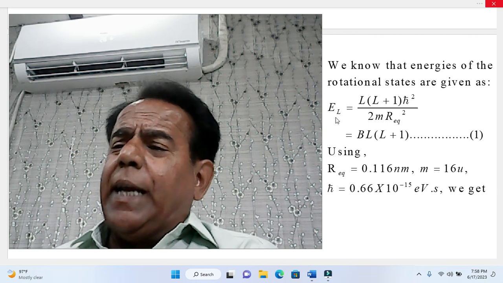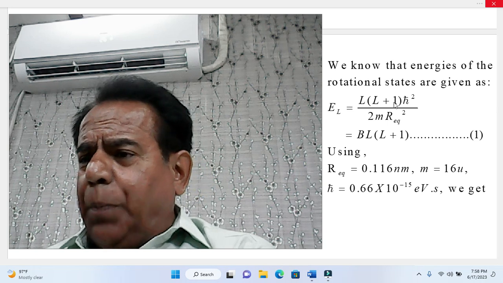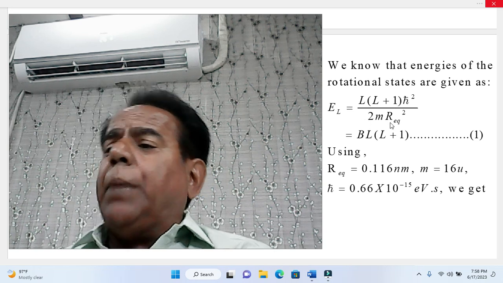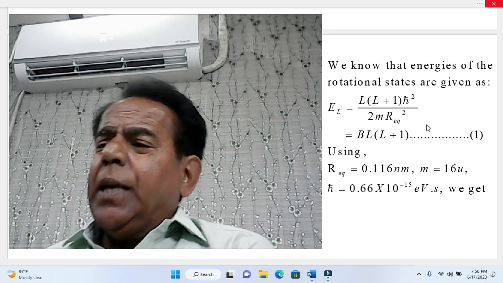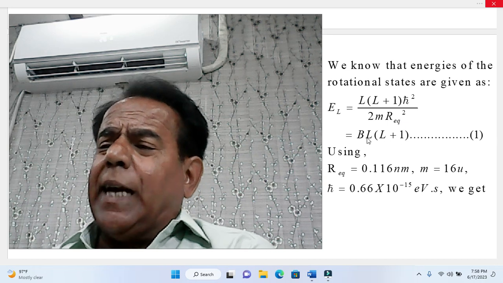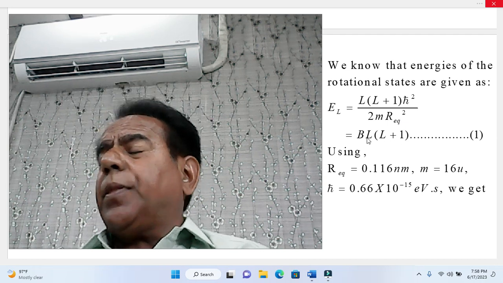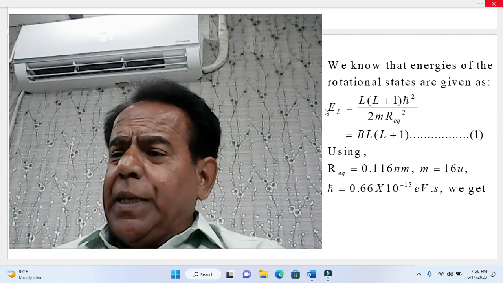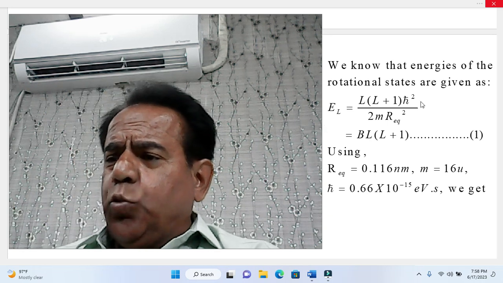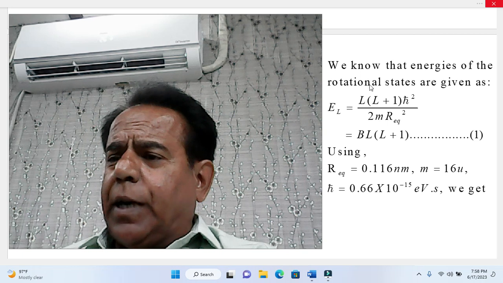We will assume that only E_L is equal to L(L+1) h cut square over 2 M R equilibrium square, and that B is not a part of this expression. So even if we write this expression only to this extent, our problem will not be affected.